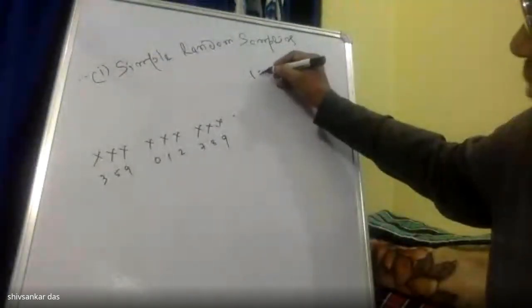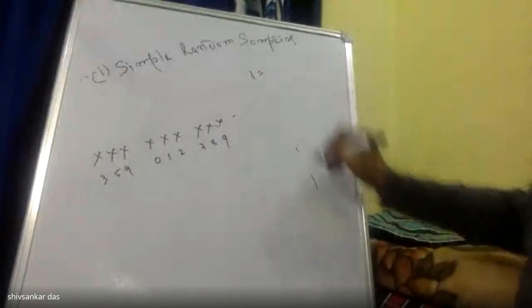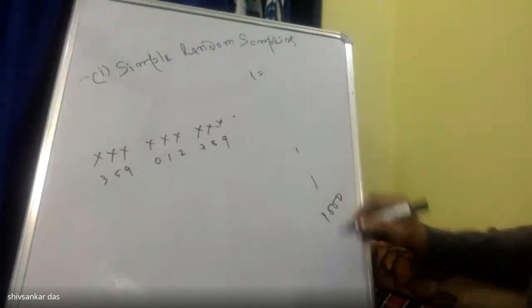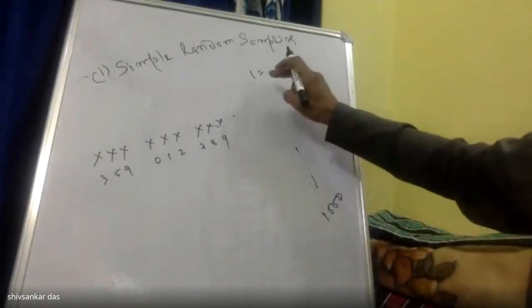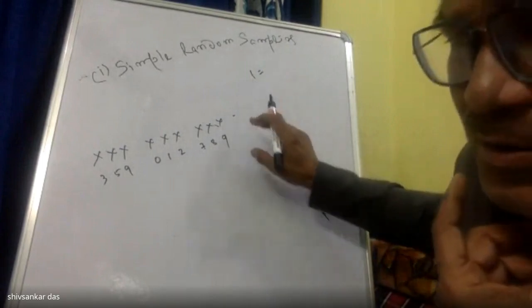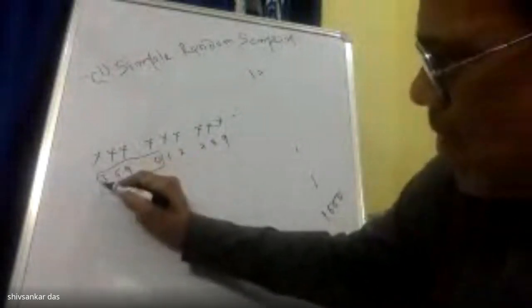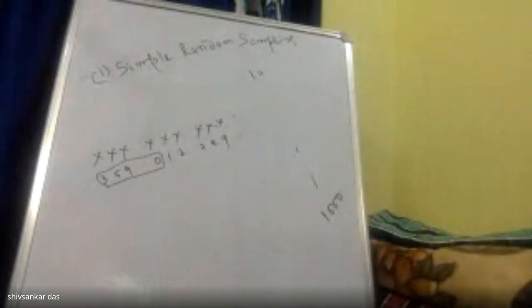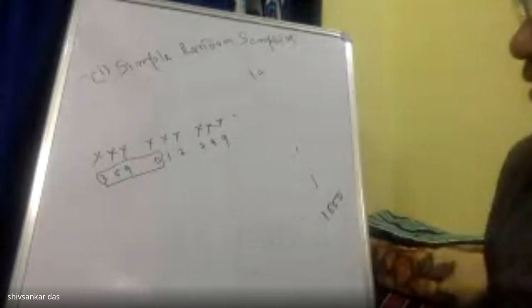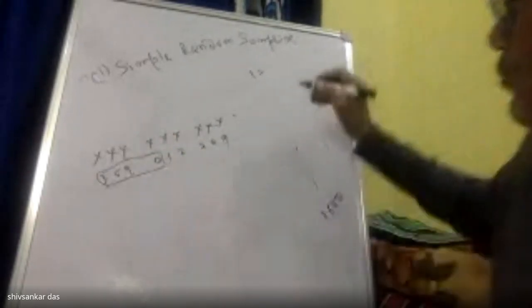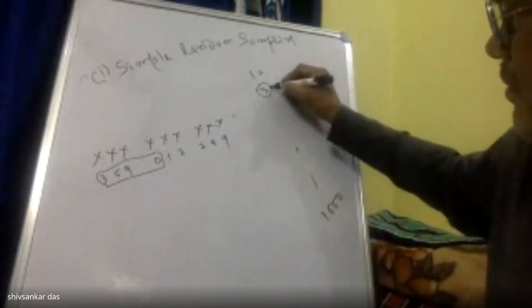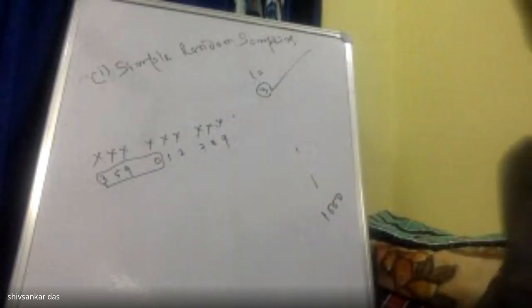Suppose households are numbered from 1 up to 1000. Which sample should be simply drawn? First we will draw house number 3. You got my point?